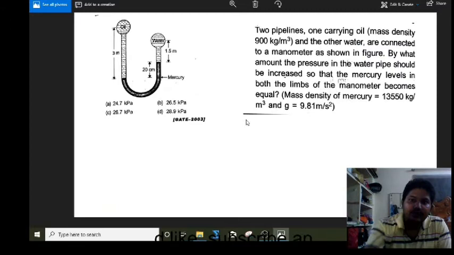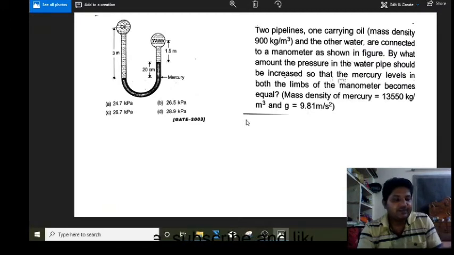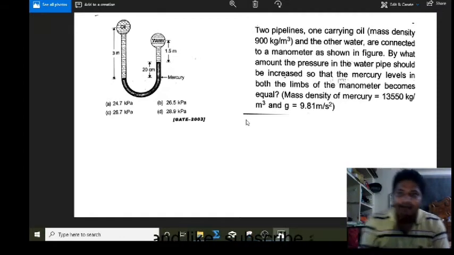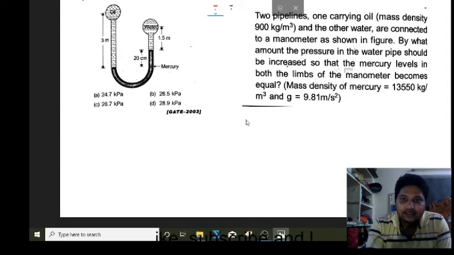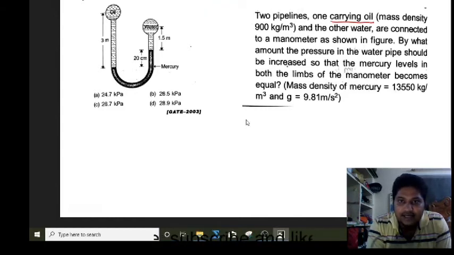So this is a very interesting problem. Two pipes carrying oil, and the mass densities are given. In the left one oil is there, with mass density 900 kg per meter cube, and the right limb has water connected to a manometer.